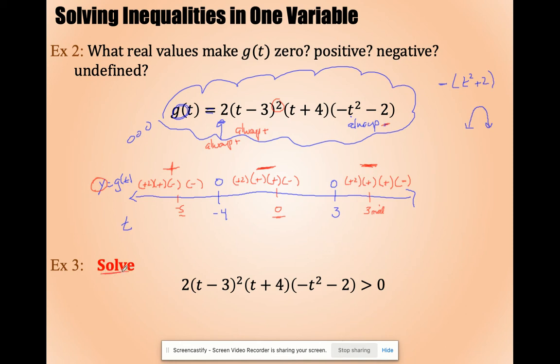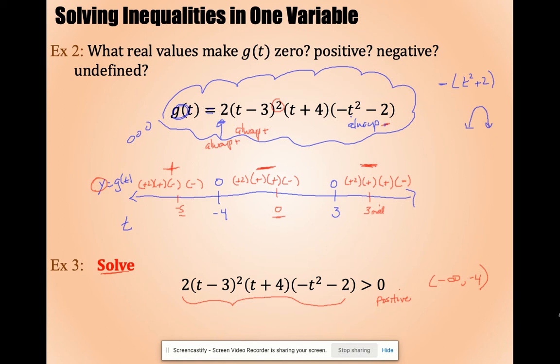So I can now solve this inequality in one variable. When is this expression positive or above the x-axis? Not included because it's not greater than or equal to.